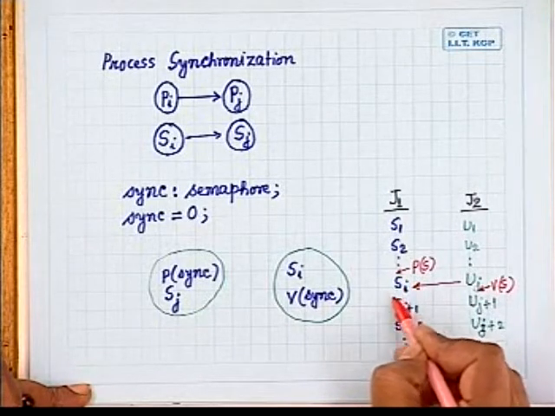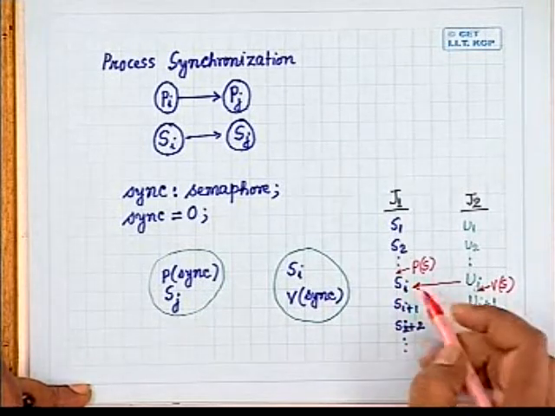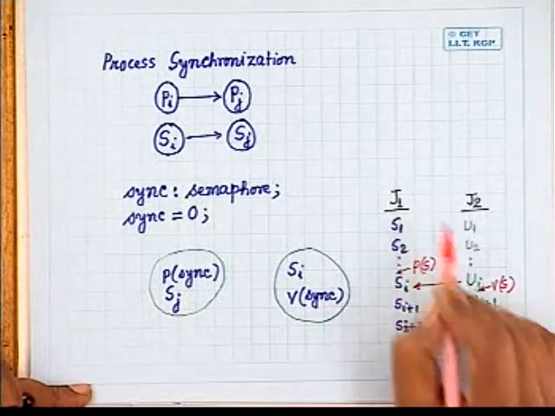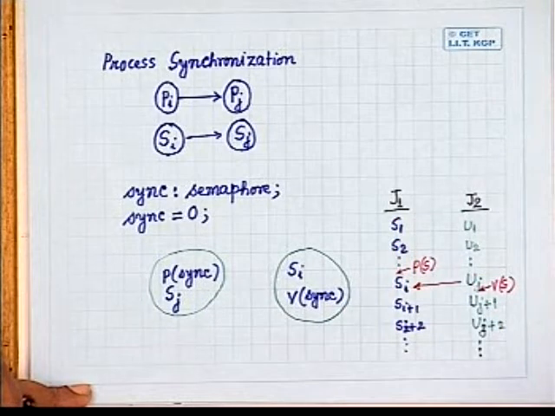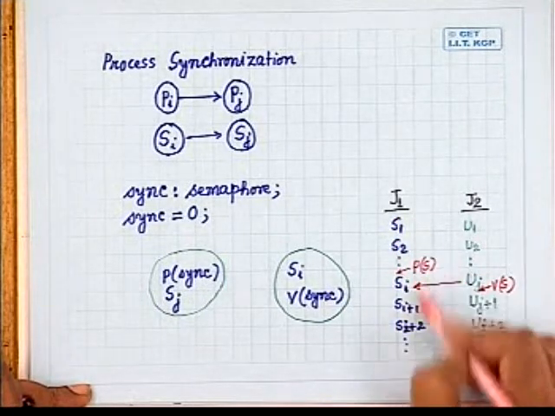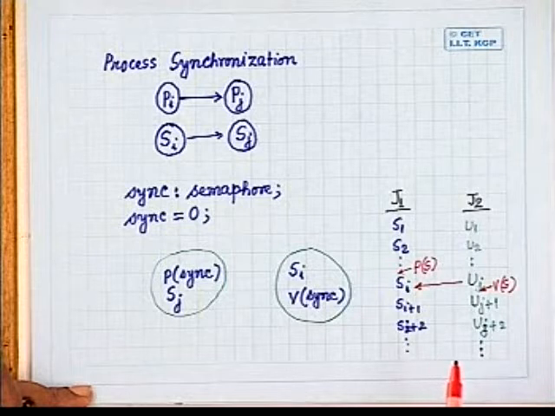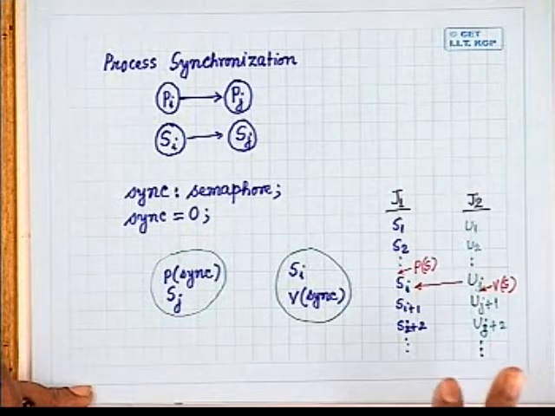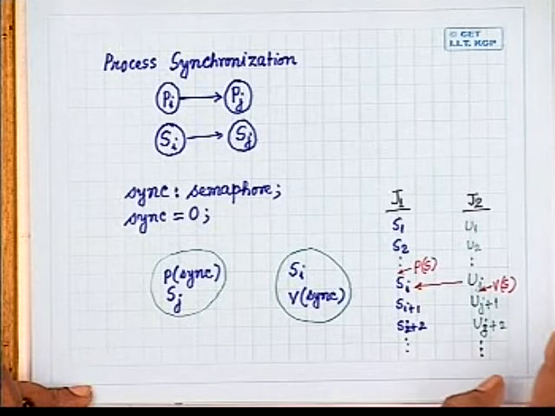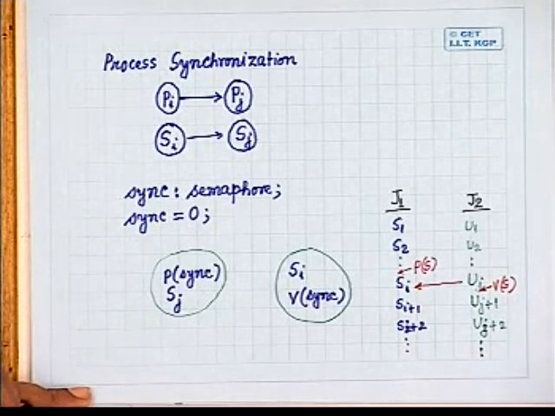It can execute Si, and then for the remaining part, again J1 and J2 can be concurrent. Okay. So this way, even we can have partial concurrency among the processes, and this is what is known as synchronization problem. That is, at some point you synchronize the execution of two or more processes.